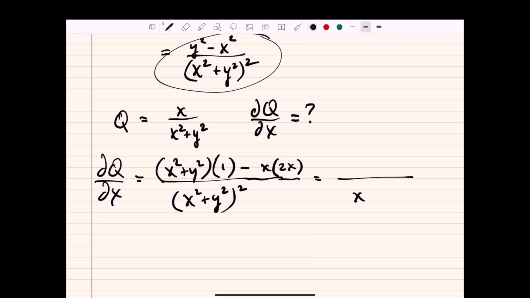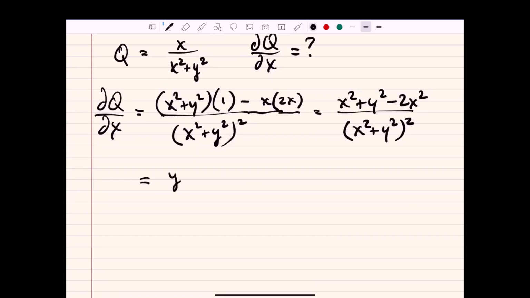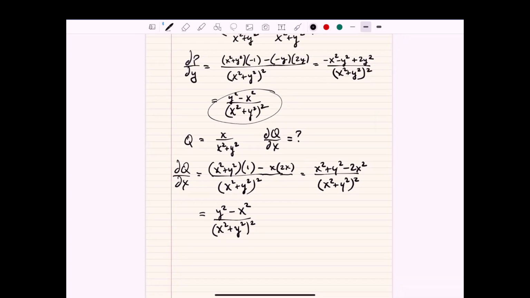So the top is x squared plus y squared minus 2x squared, which means we have y squared minus x squared, everything divided by x squared plus y squared, squared.